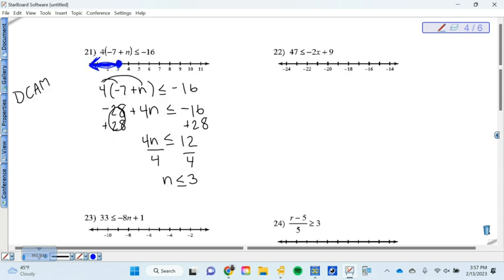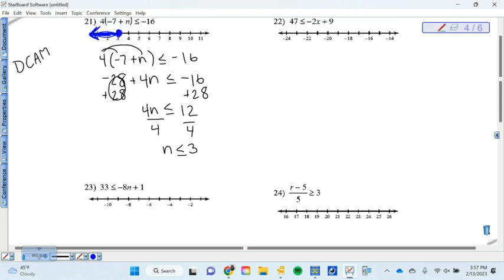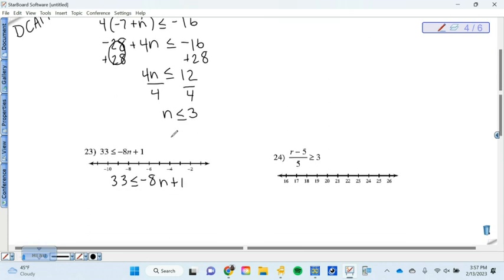How about number 23? Number 23, what do I do first? Subtract 1, yes. So I need to get rid of that 1, so I do that by subtracting 1 from both sides. 33 minus 1 is 32.